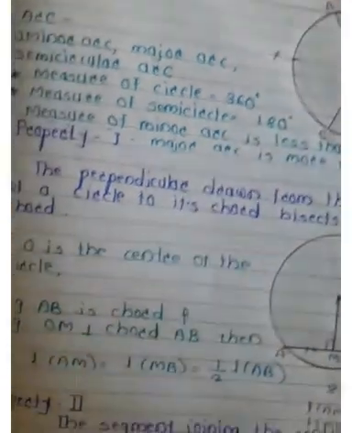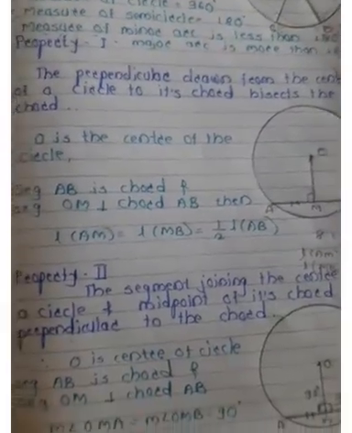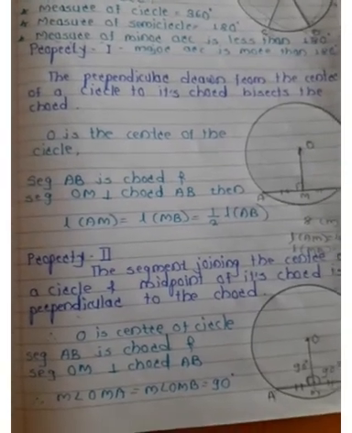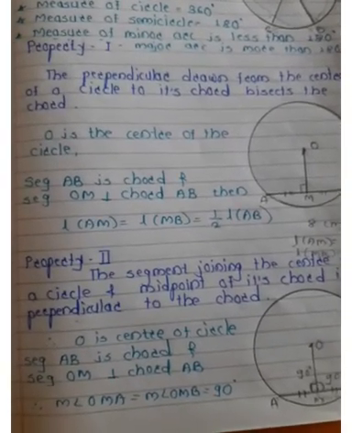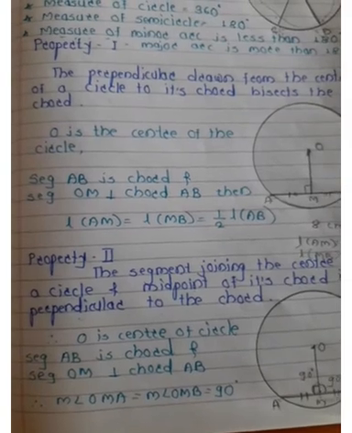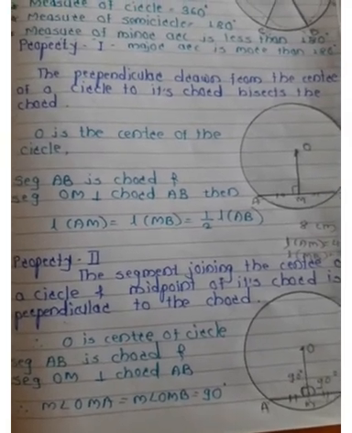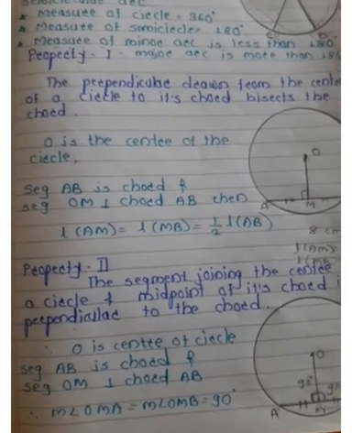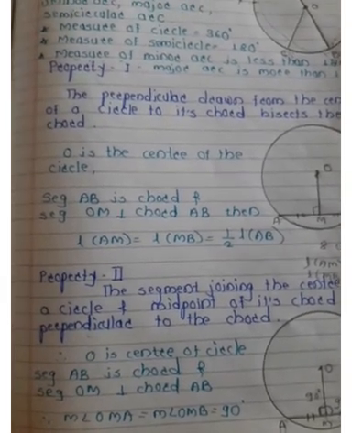Now we will see some properties based on the center of the circle and their chord and perpendicular. First property: the perpendicular drawn from the center of the circle to its chord bisects the chord.